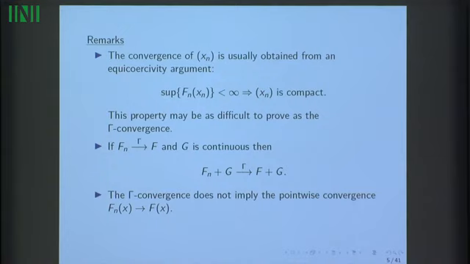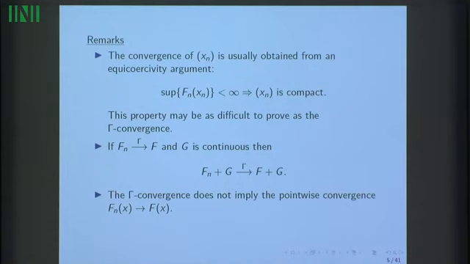So if you have a sequence which satisfies such a uniform bound, which normally we can prove, then the sequence Xn is compact, so it converges up to a subsequence. And this property is often quite difficult to prove. So you have to keep this in mind also.